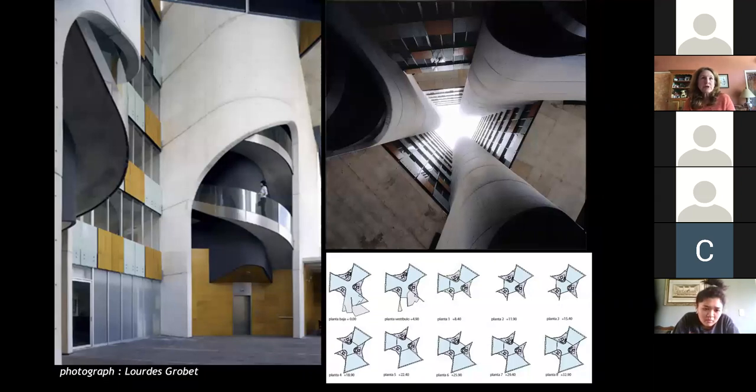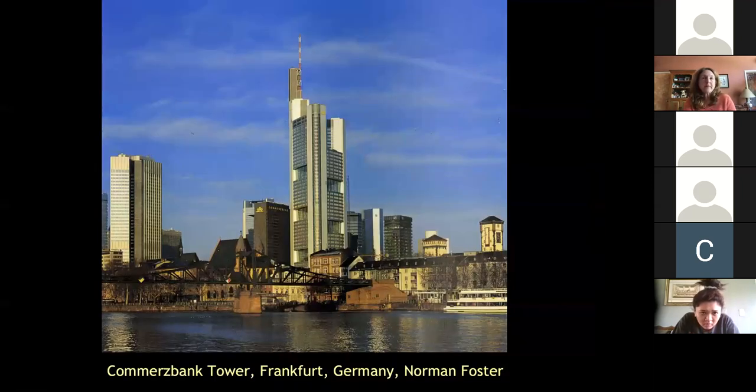Here's some pictures from inside the central atrium and also looking up. And the diagram on the lower right there shows different floors in the building and how these openings rotate around.